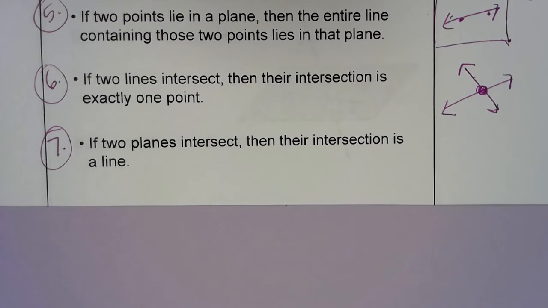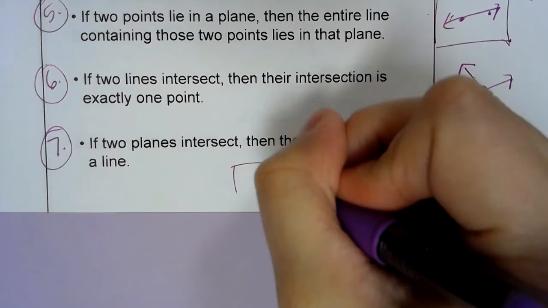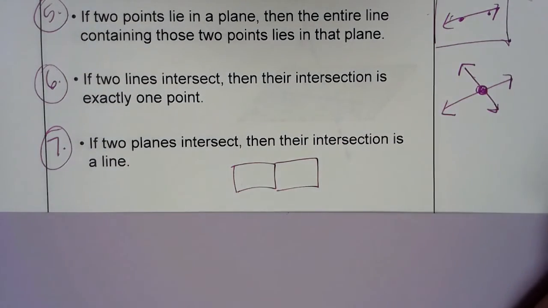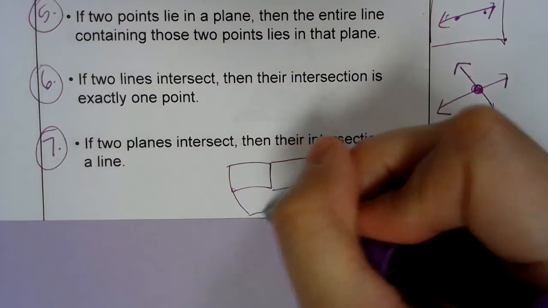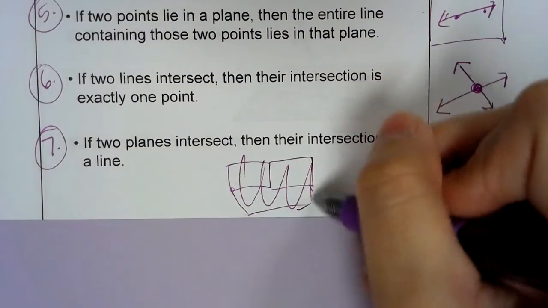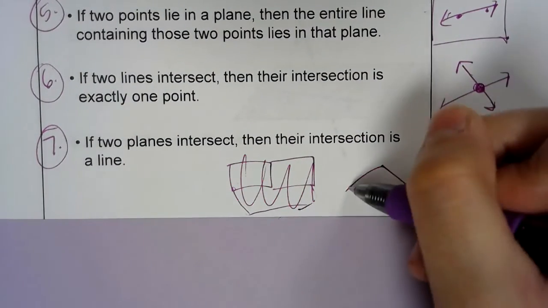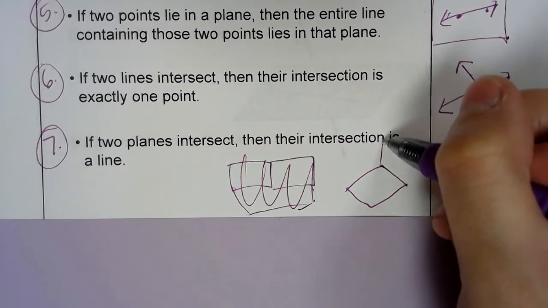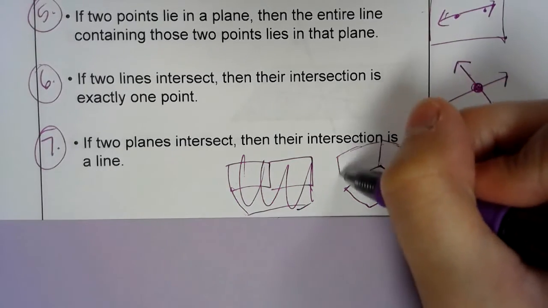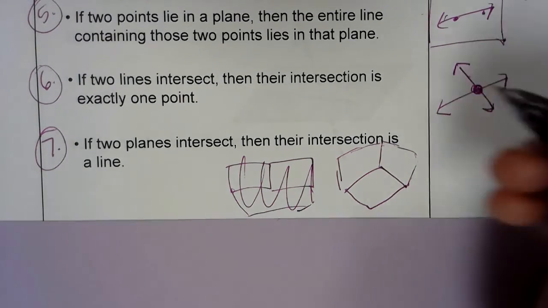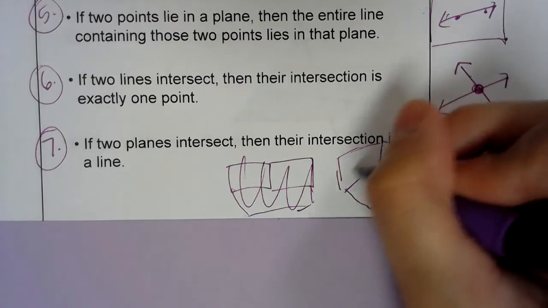So the best example I can give you of this is to look around in the room you're currently in. Find where 2 walls intersect. Okay, so there's my best attempt at some walls. Let me try again. Here's the floor, and then we got this wall, and then we got this wall over here. It looks a little better. Okay, so here are my 2 planes, my 2 walls.